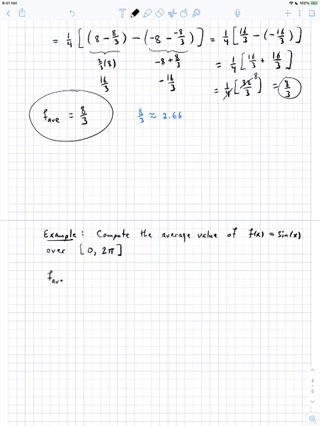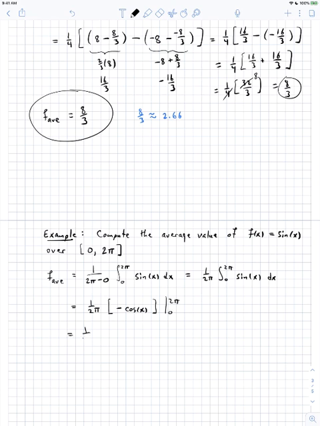F sub av is equal to 1 over 2 pi minus 0. That's the length of the interval. Times the integral from 0 to 2 pi of sine x dx. We know an antiderivative for sine, namely minus cosine x, from 0 to 2 pi.